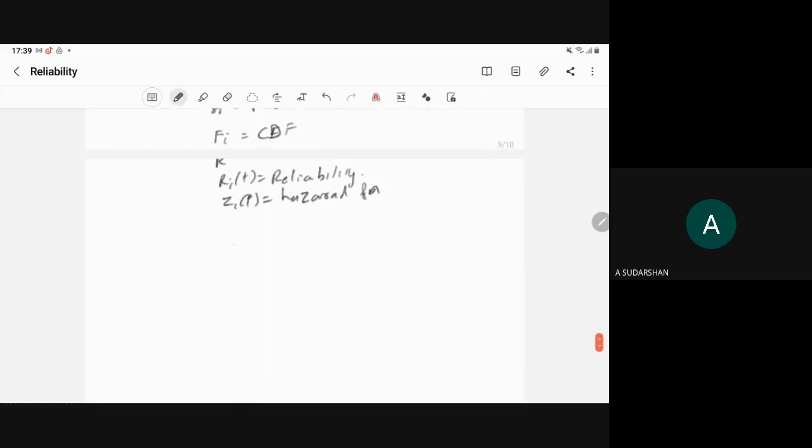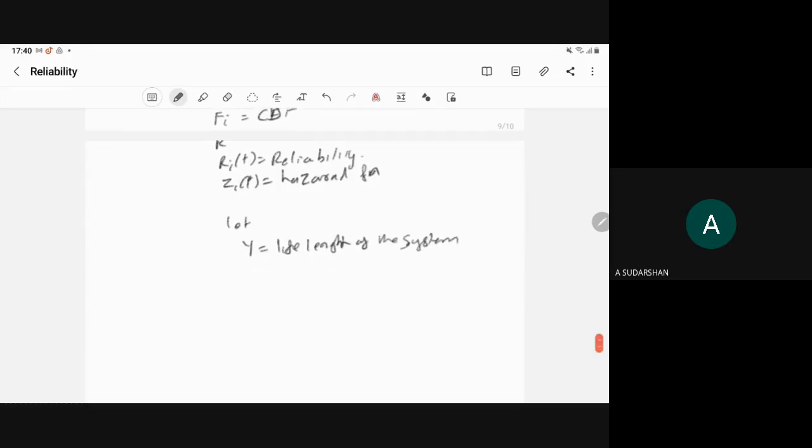Now, this is the complete system. Let Y denote the life length of the system. When we have the life length of the system, we have to compute the PDF of Y, the CDF of Y, the reliability of the system, the failure rate of the system, and the MTTF of the system.